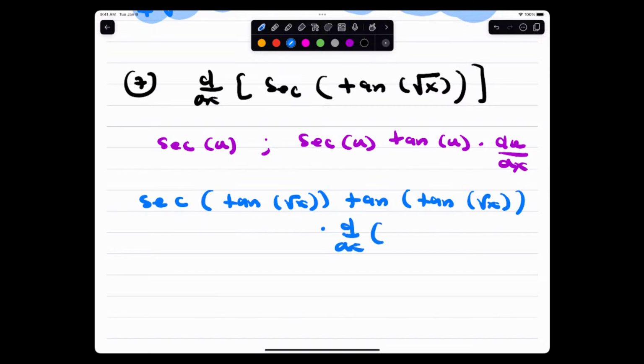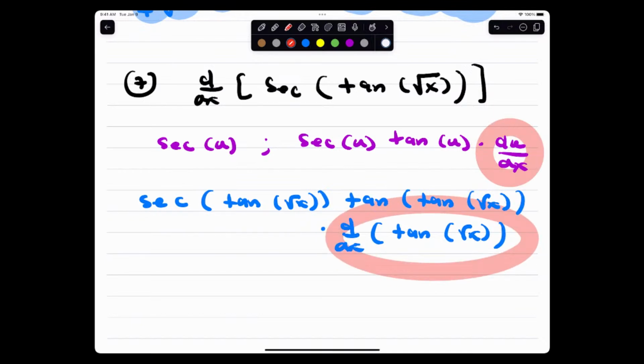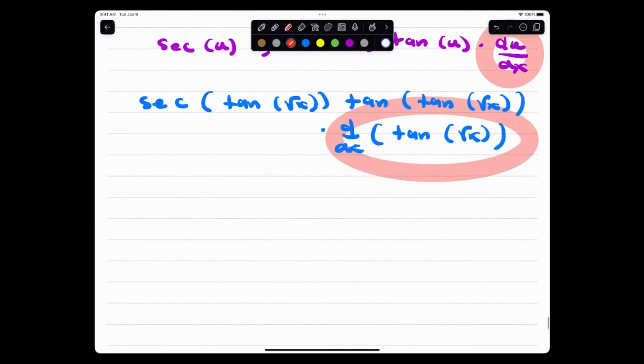And don't forget the chain. The derivative of tangent square root of x. So this is the chain here, okay? That's a chain within the chain rule. So don't forget that. So secant u, tangent u, du dx.